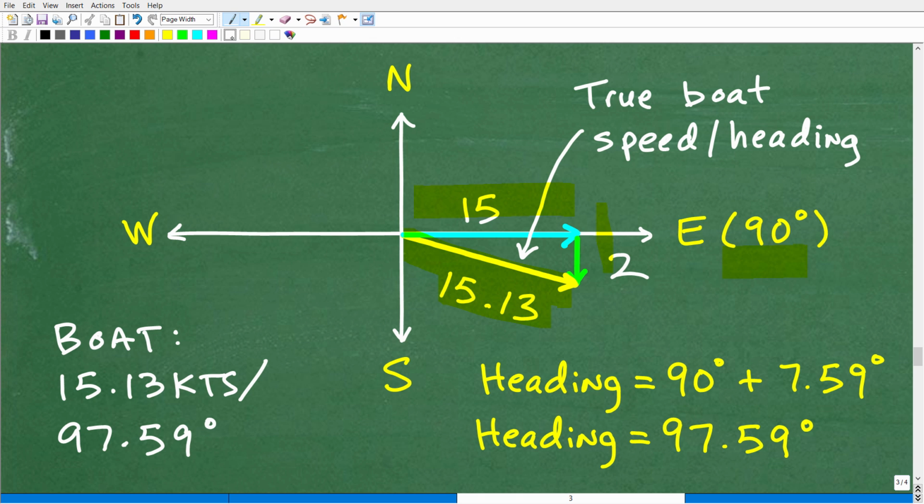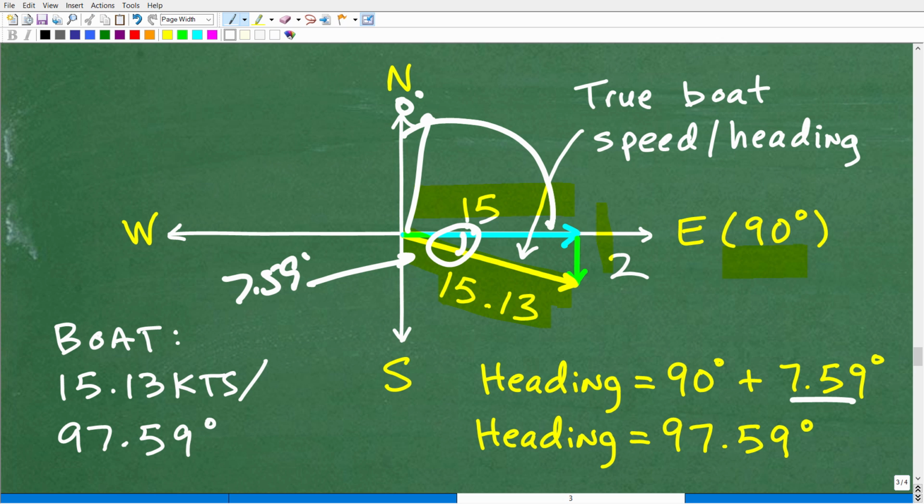But the true direction is not just this angle. This angle is 7.59 degrees. Now, if you said, hey, let's take the boat and go in a direction of 7.59 degrees, well, that would be like here's 0 degrees. That's over here. That's not the actual direction.